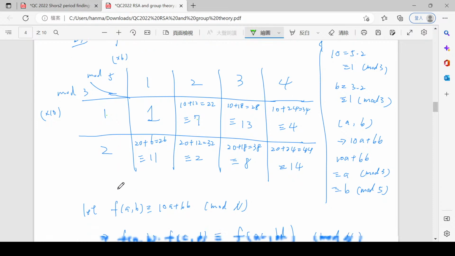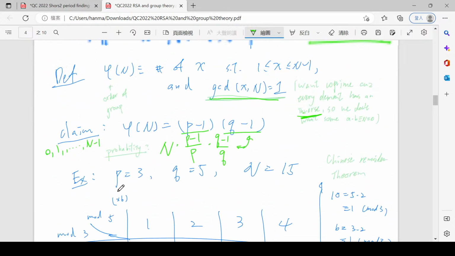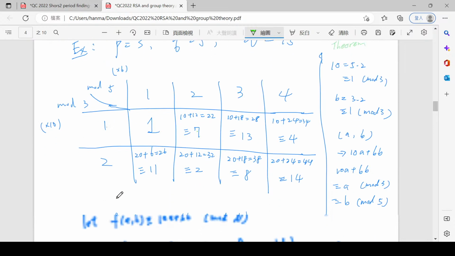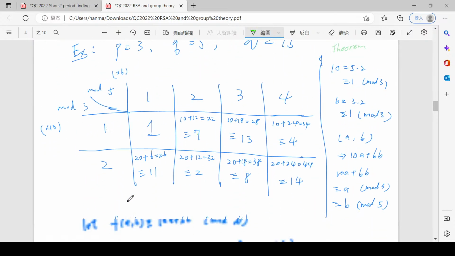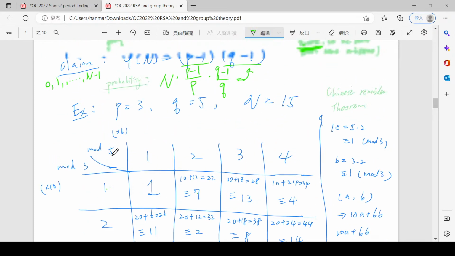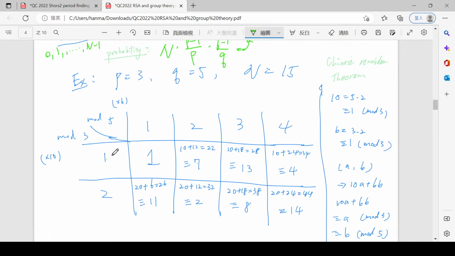Okay, so that's an example, but there is actually even more structure here, and that's called the Chinese remainder theorem.